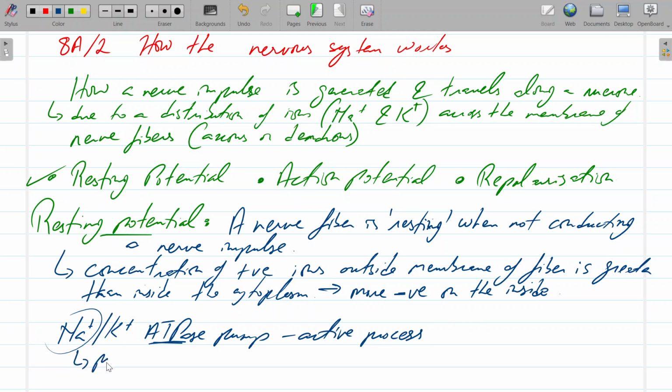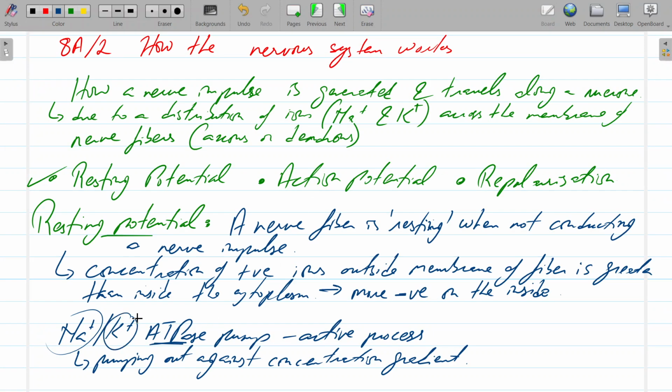It's pumping it out, against the concentration gradient. And it's bringing the potassium ions in. So these are being moved inside the cell, the axon.